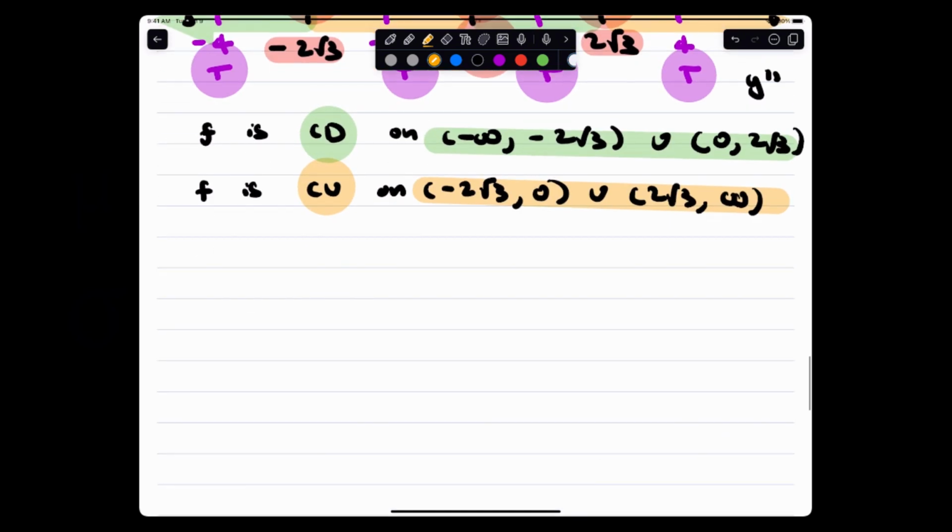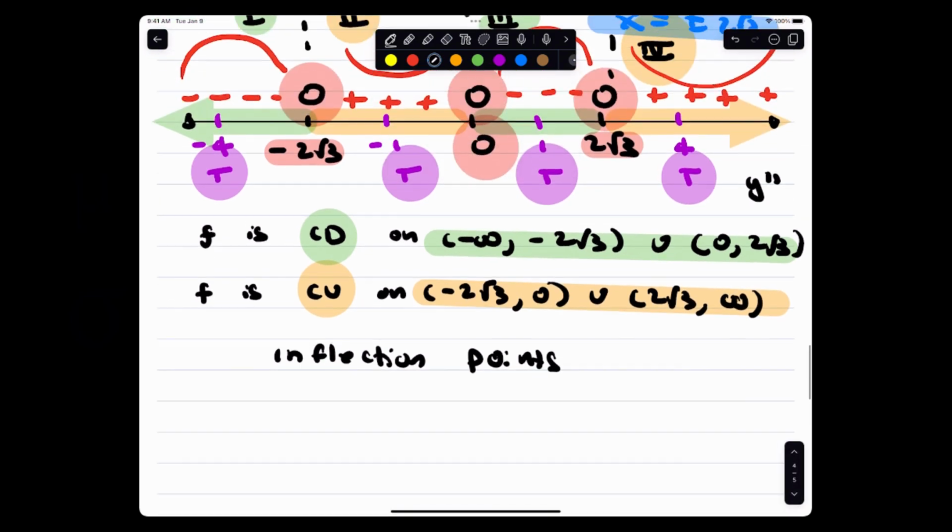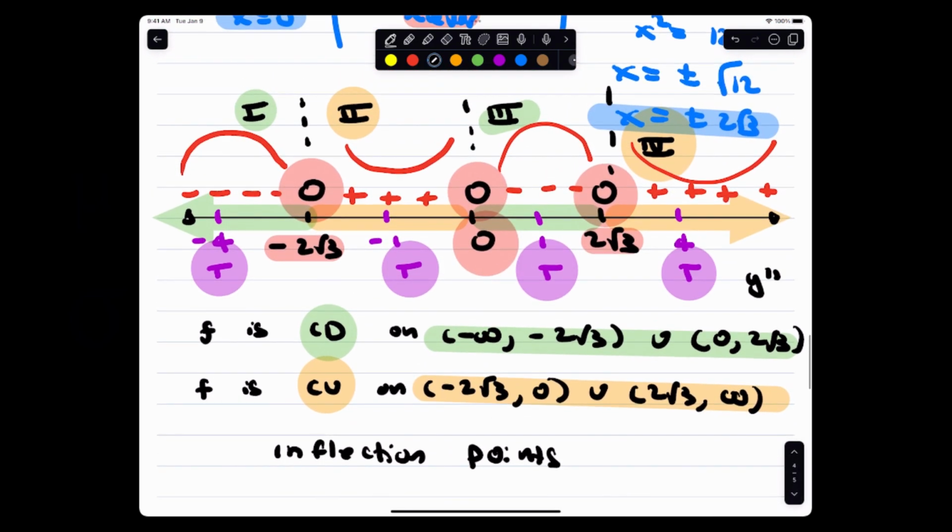Now, are there any inflection points? Where are the inflection points? Do you guys remember? Yeah, an inflection point, first of all, is a point on the curve.